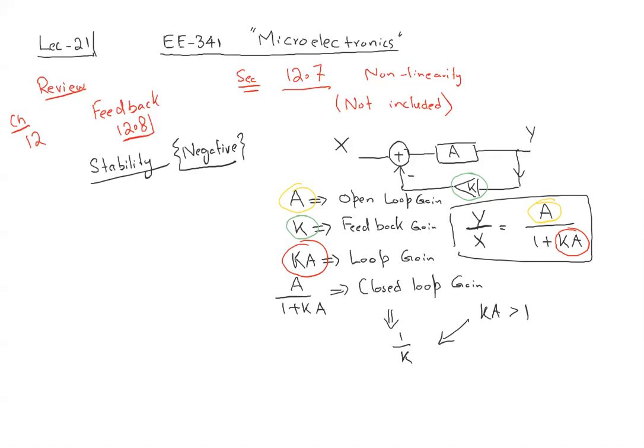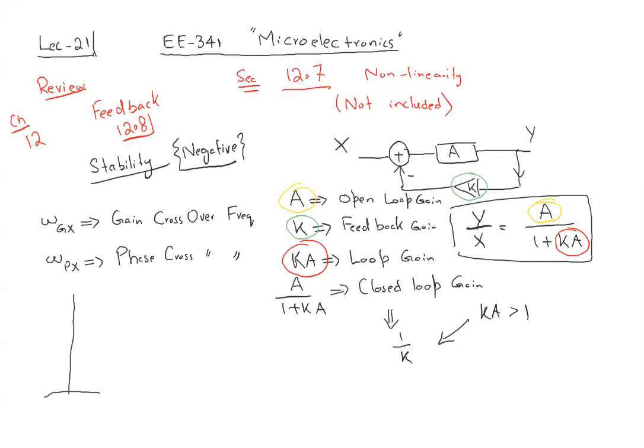And regarding stability, we defined two terminologies. One was gain crossover frequency, omega GX, and one was phase crossover frequency, omega PX. So what was gain crossover frequency?